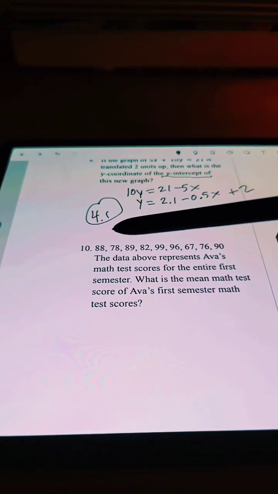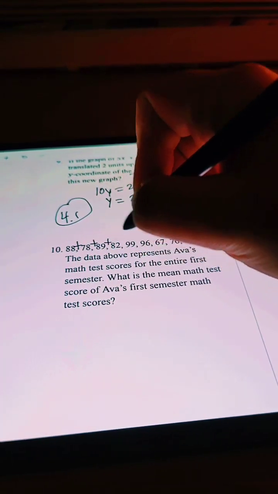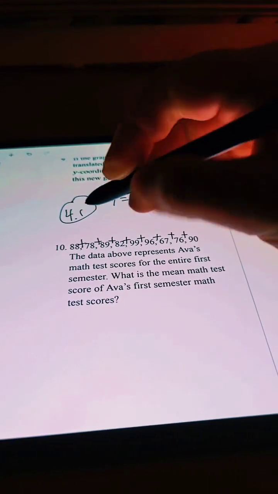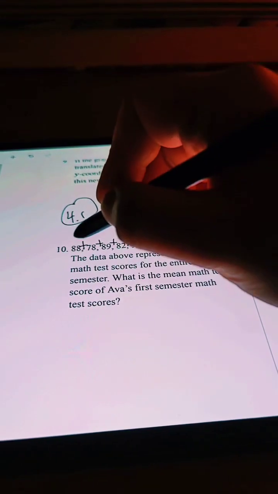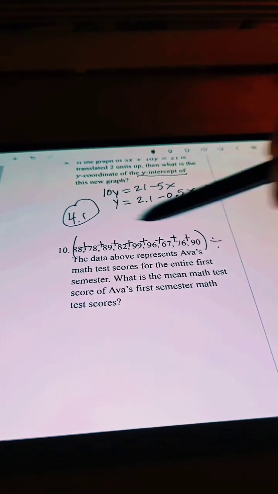So you just add all of these up in your calculator and then divide by how many scores there are.